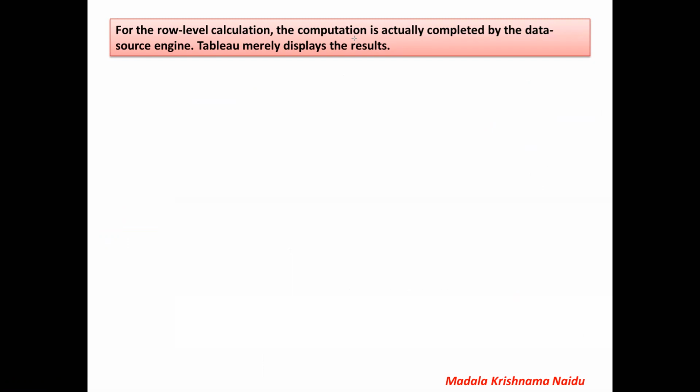For row level calculation, the calculation is done by the data source engine at the data source level, because our data source will have more granular data. So for each and every record at the data source level, it is going to happen. Whenever you drag that field into our visualization, automatically it is going to be summed up and displayed.